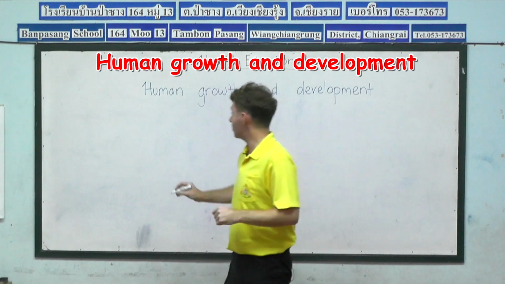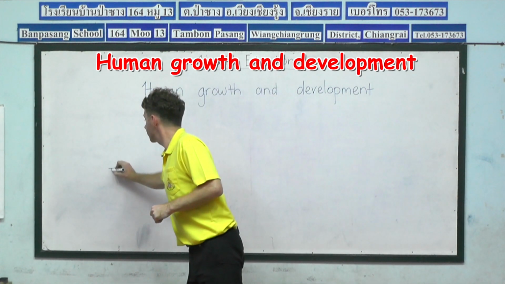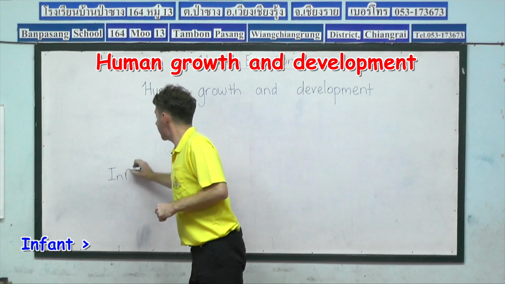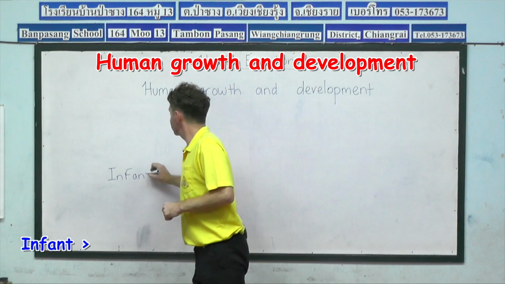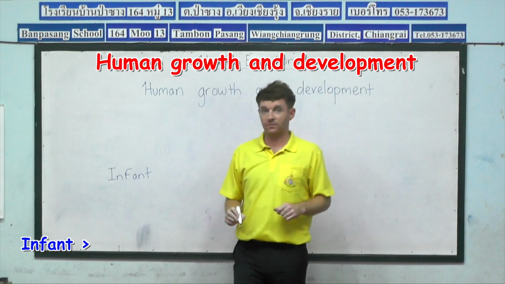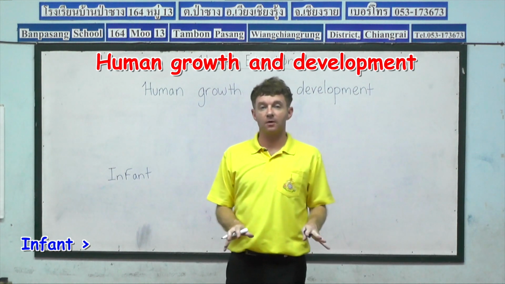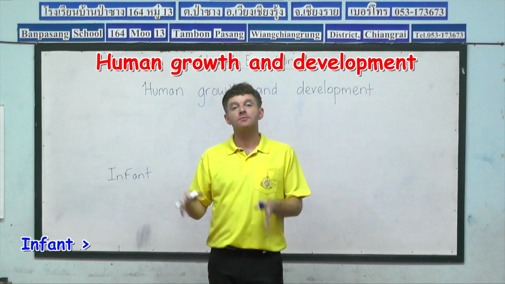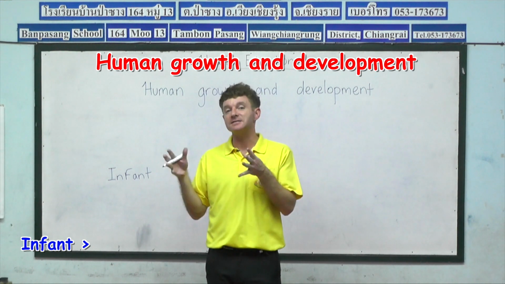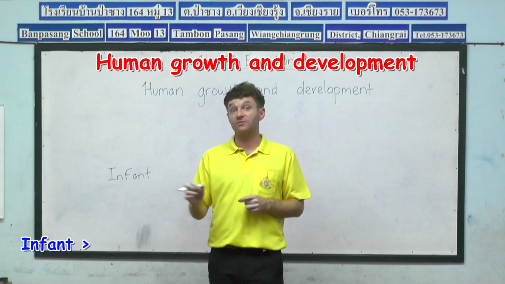So let's spell that word first, guys. Infant, I-N-F-A-N-T. Infant. Yes, when you're a newborn and when you're a toddler, also known as a baby, the period of our lives then is infants or infancy.